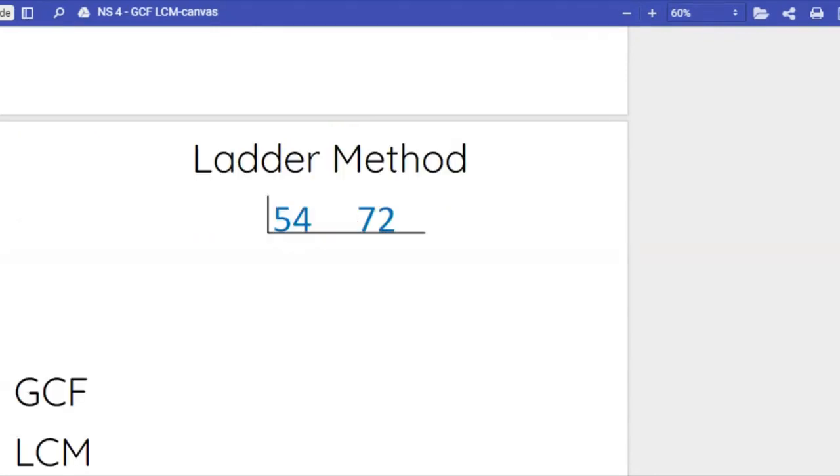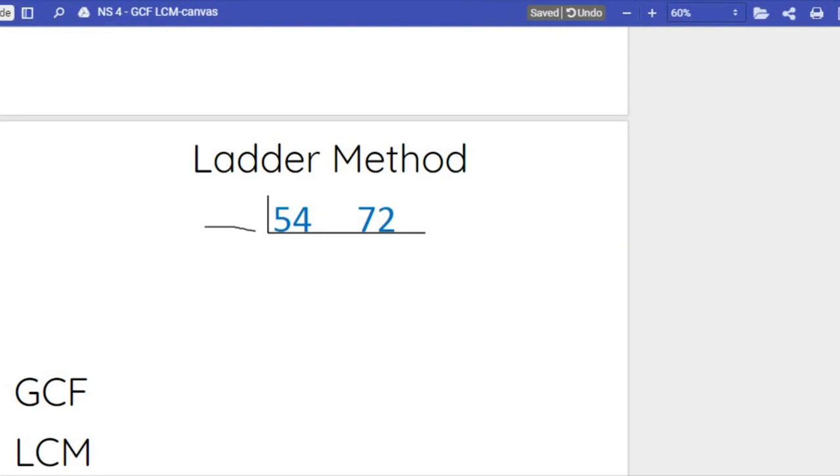So with the ladder method, you have the two numbers that we are working with. We are working with 54 and 72, trying to find the greatest common factor of those two numbers, and then we'll find the least common multiple. The first thing we need to do is find a number that can go into 54 and into 72. If we know our math facts, this is a little bit easier.